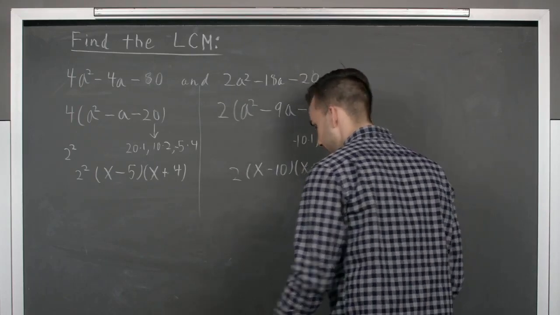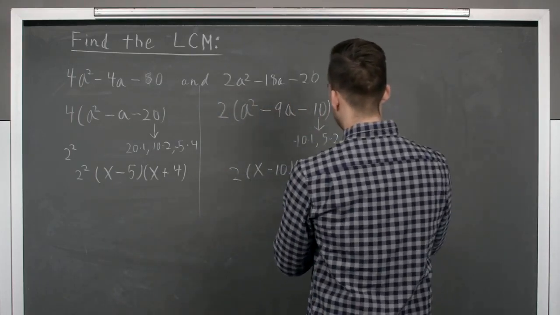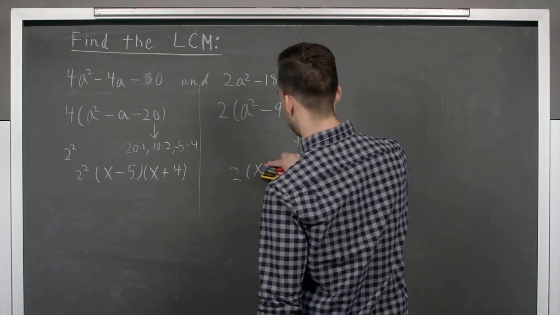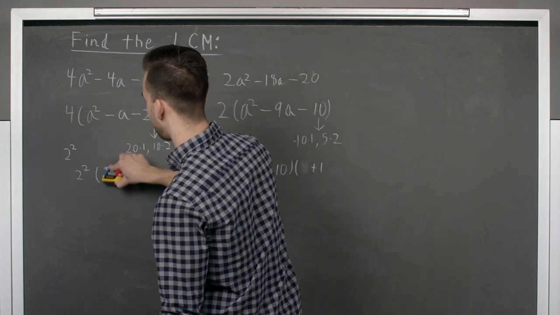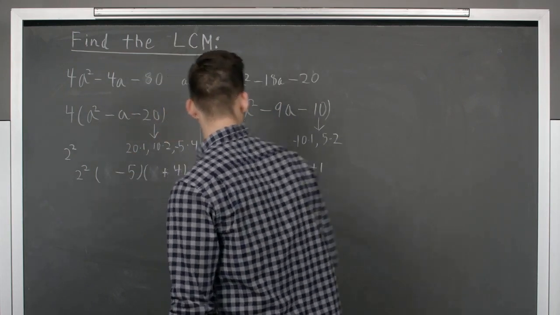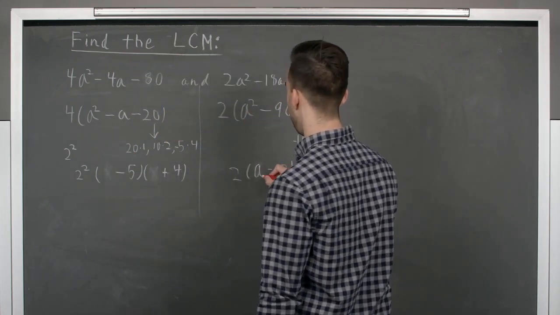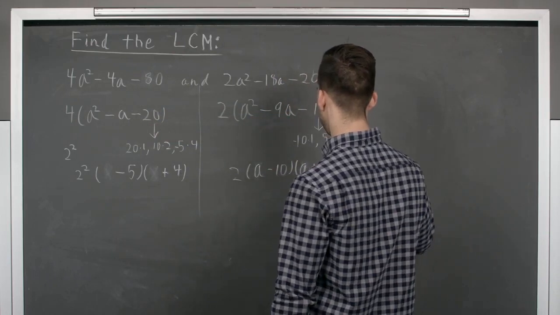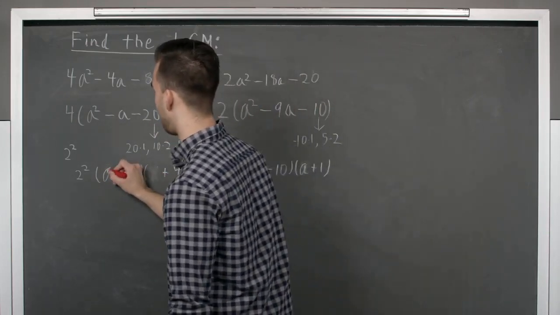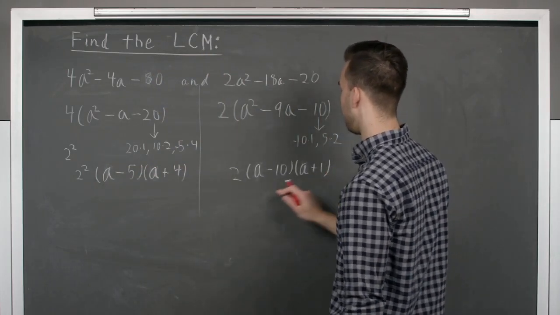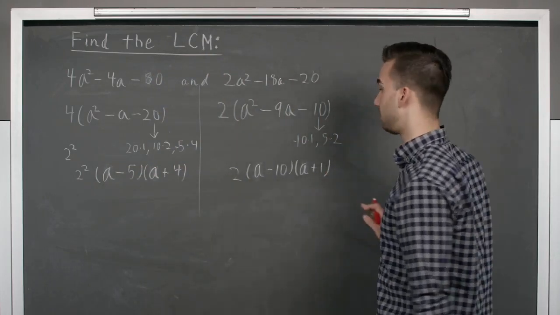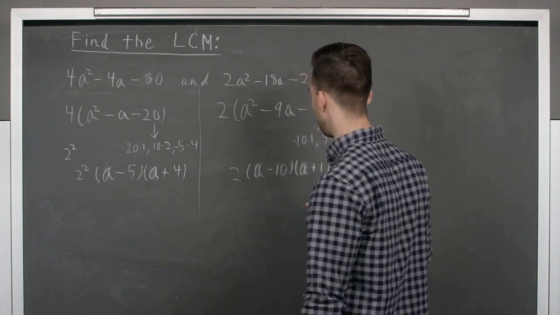If you'll notice, I've accidentally been writing our a's as x's, so I'm sorry for that. It's actually a. And so both of these are factored as much as possible.